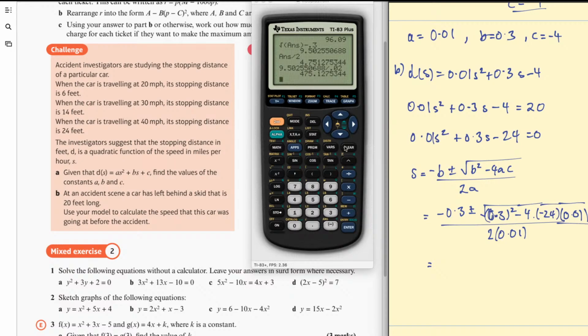Okay, so now we have 96 times 0.01 plus 0.09. Take the square root of that. Take 0.3 and then divide that by 0.02. Yes, that looks appropriate.